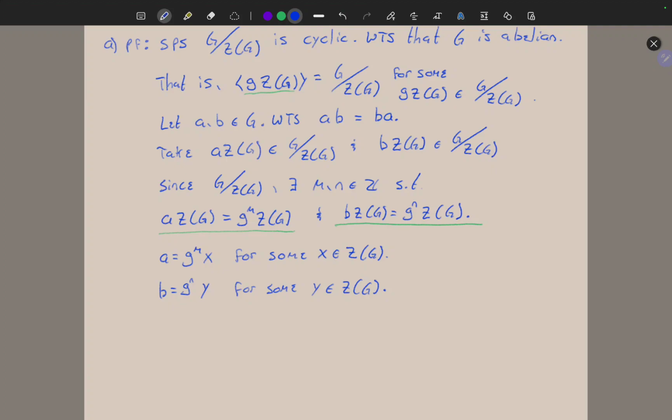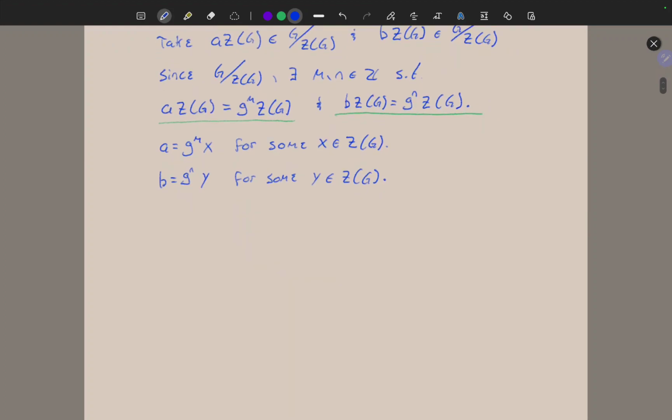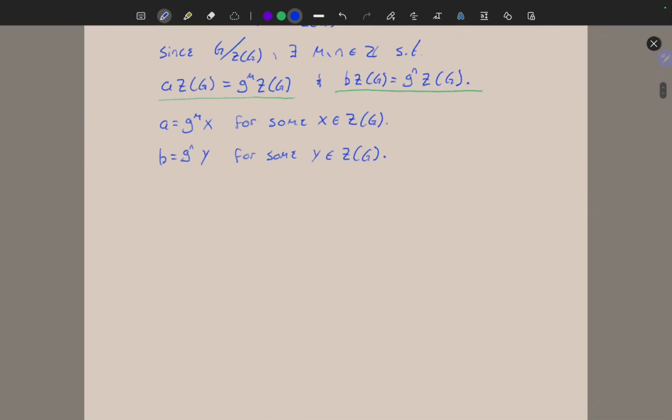Okay, so we want to show that ab is equal to ba. We've defined a and b in terms of powers of g and elements in the center. So now let's operate those two elements together and see what we get. If we take ab, that's going to be equal to g to the m x and g to the n y.